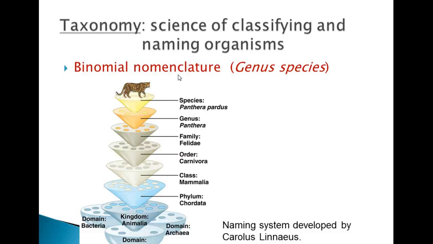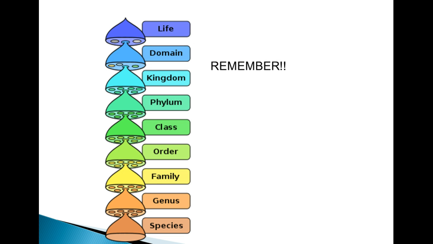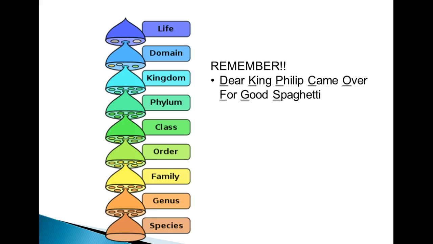Now, in modern classification, biologists have added the 3 domains to Linnaeus' work. The domain bacteria, archaea, which are both bacteria types, and eukaryota, which are the true nucleus organisms. So make sure you get those in your notes. So we now must add a domain to the top of the classification line, which changes the way we memorize their order. Now, any one of these ways to remember the proper order will do.